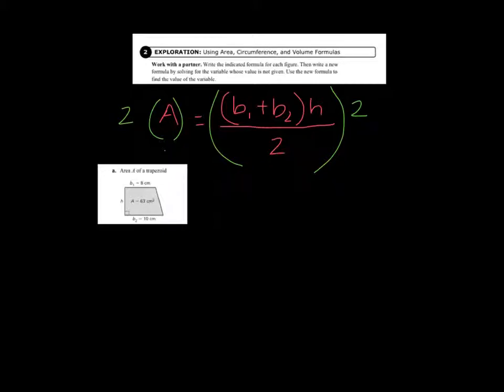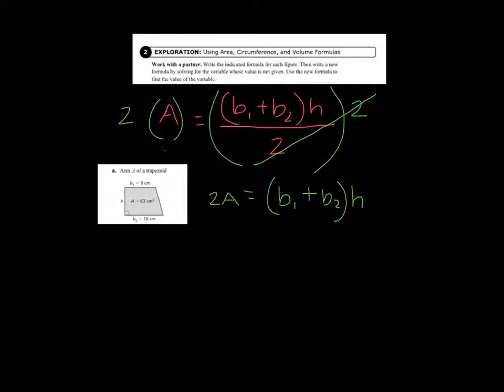So this 2 over 2 will cancel out and make a 1. And now I have 2 times A equals base 1 plus base 2 times the height. So I'm one step closer to getting h by itself.